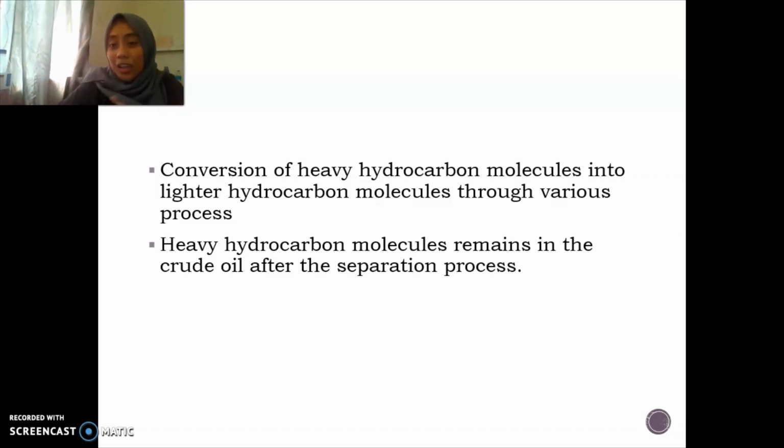These heavy hydrocarbon molecules are from the separation process, as we know that the separation of crude oil is mainly based on their boiling point. So the combustion process involves cracking and rearranging of the molecules of crude oil to add value to the product.